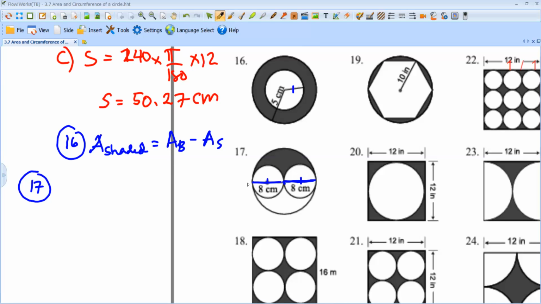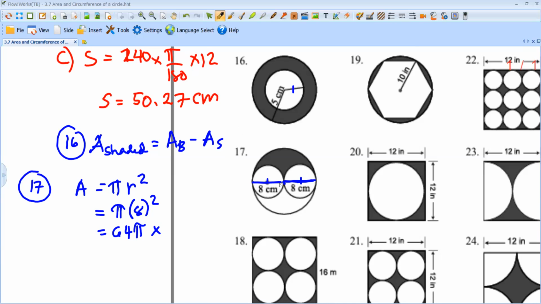So what we will do, we will get first area of the circle is pi r squared. So the area of this small circle is 8 squared. So pi is 8 squared, which is 64 pi.